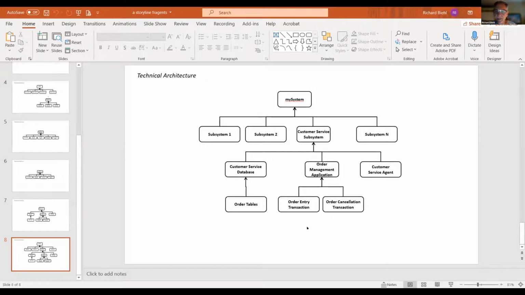So eventually I need the job description for the customer service agent. So I might have their position description under this box as I decompose it further. The component is the service agent, but the components of the service agent are their job description, might be some of their orientation materials. It might be some of the standards they have to work to. So what do I have to tell this agent in order to do their jobs?